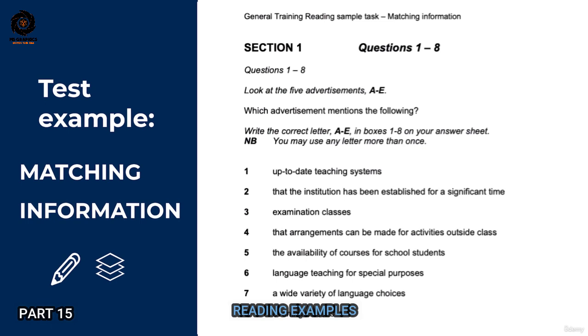So as you can see, we have different questions, and what we are going to do is look at the paragraphs, at the first sentence and the last sentence of each paragraph, so we will know where to find the information to answer these questions.